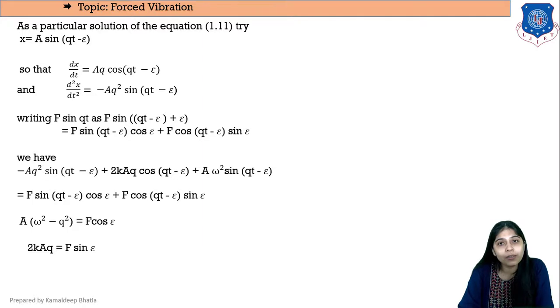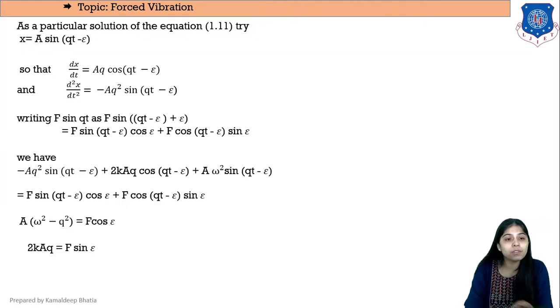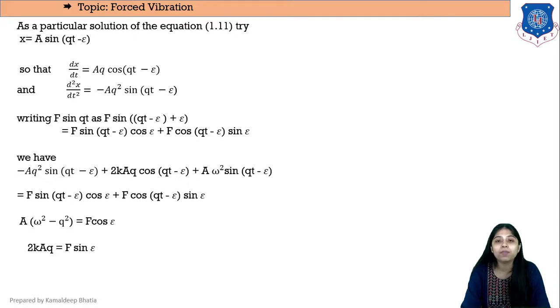If we substitute these in the above equation, we'll get the solution. But before that, let us write F sin qt as F sin((qt - ε) + ε) to simplify this equation. So we get F sin(qt - ε) cos ε + F cos(qt - ε) sin ε.